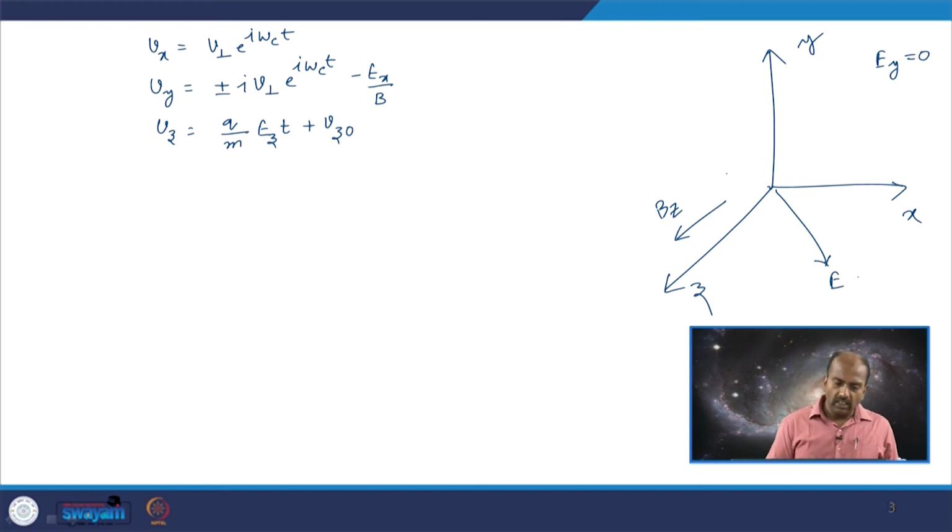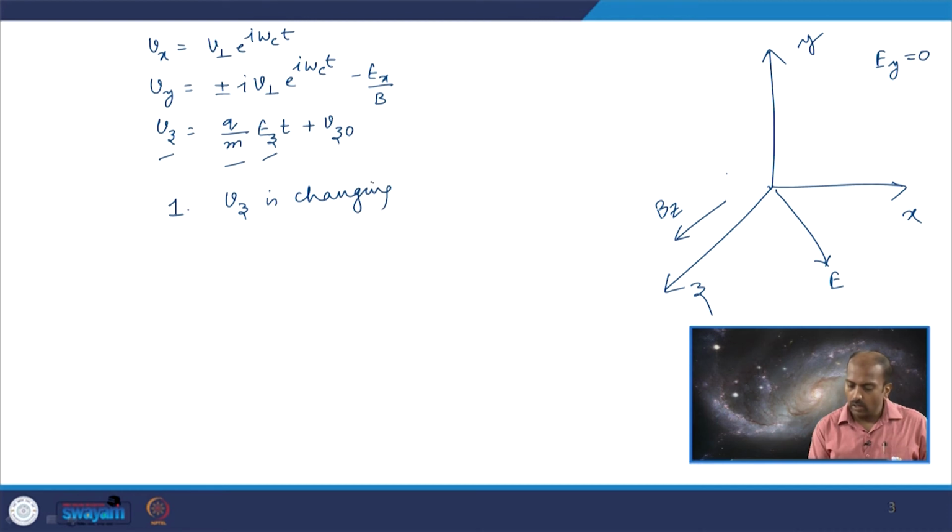Now, these three equations indicate that the Vz component depends only on Ez. So Vz is changing linearly with respect to time. So, inference 1, Vz is changing linearly with respect to time.